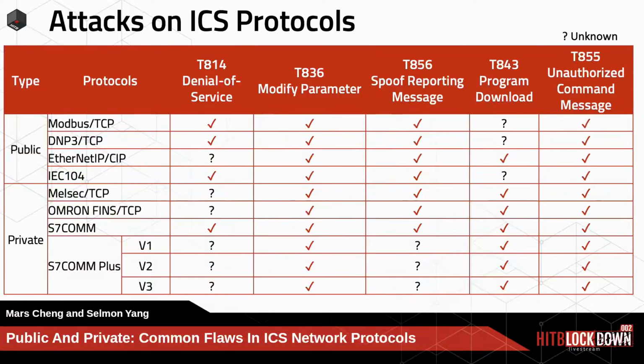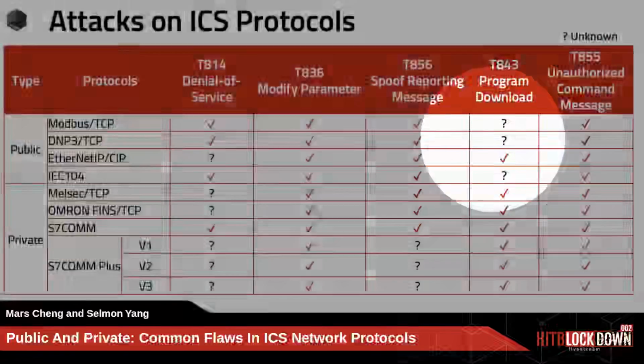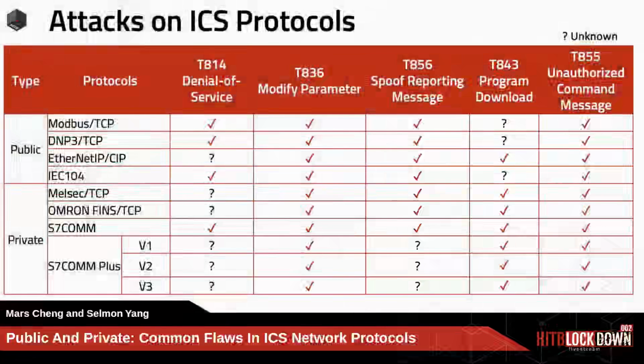There are a lot of ways to spoof reporting messages to the HMI, download programs from the PLC, or upload programs to the PLC. Some products still have a question mark. This does not mean that they will not be attacked by such techniques; it is just that we have not confirmed it yet.